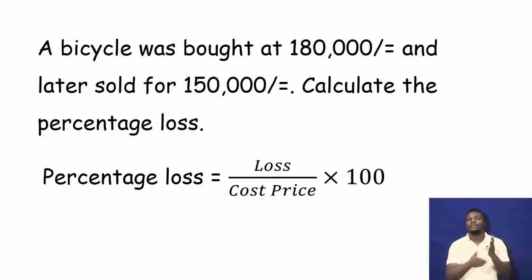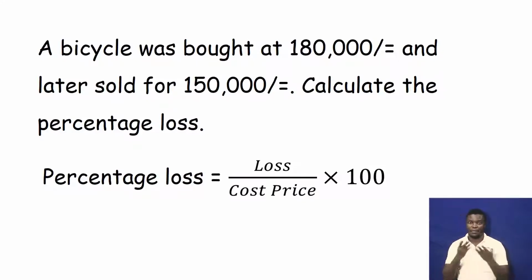Our cost price is 180,000 Uganda shillings. And our selling price is 150,000 Uganda shillings. So if we are to calculate the percentage loss, then it means that percentage loss is equal to loss divided by the cost price multiplied by 100.